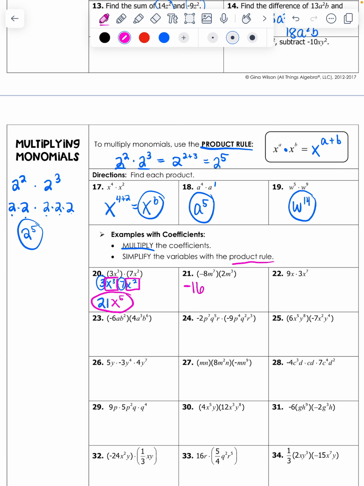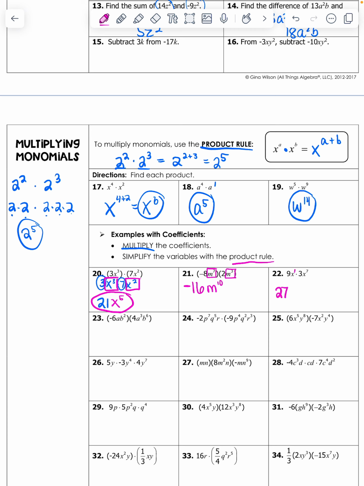That part is just multiplication. The product rule really occurs with the m to the 7th times m to the 3rd. We keep it an m and add 7 plus 3, and that would be m to the 10th power.